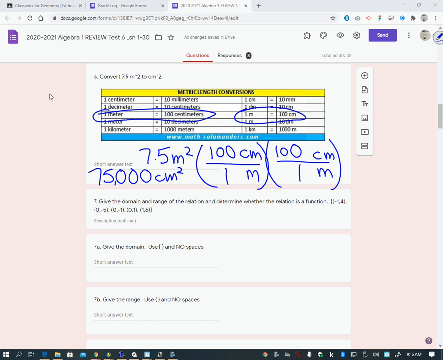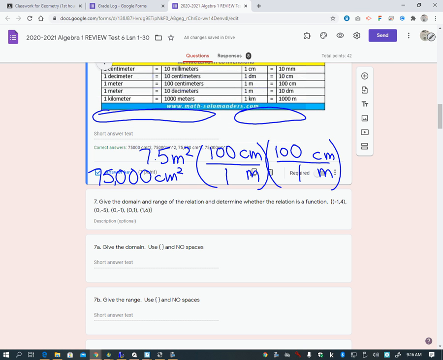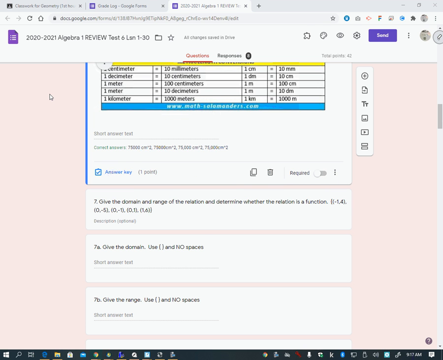I don't know how many of you got this wrong. Centimeters squared, centimeters squared. Do I get points for this if I have 75,000 and no label? No. Did we understand the work that went with that?